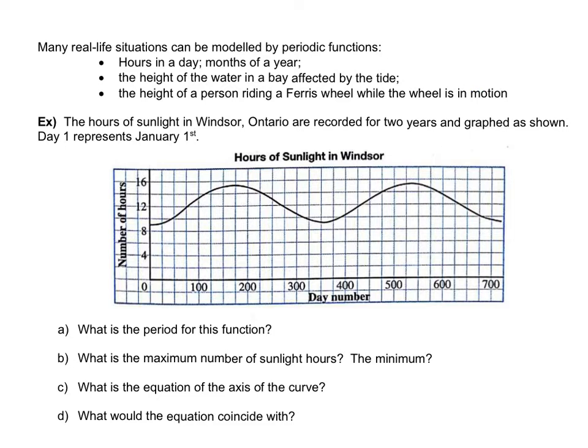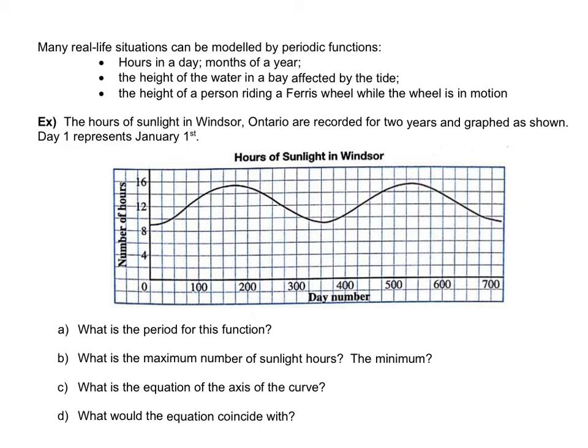The height of a person riding a Ferris wheel is also periodic. You have a repeating pattern. Anytime you have that repeating pattern happening, you've got a periodic function. Lots of things on assembly lines, like tools that repeat a certain job over and over again, would be periodic situations.